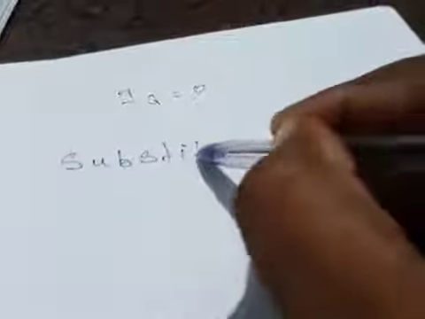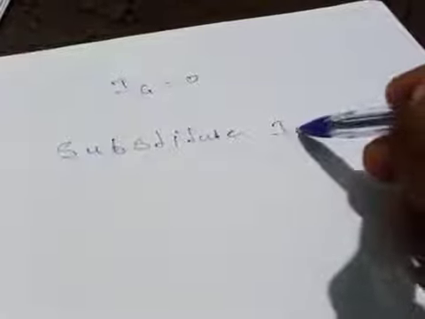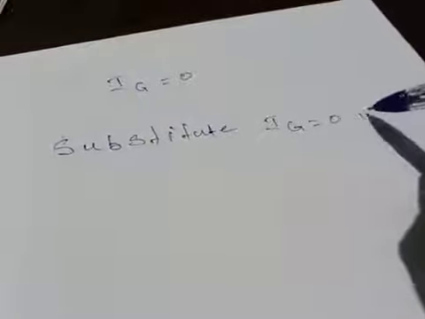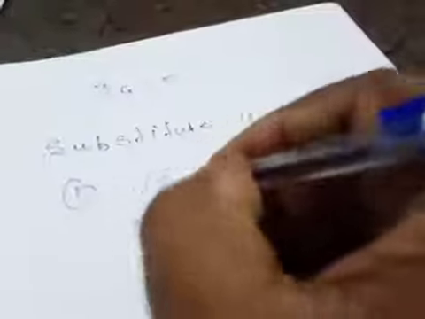So you can take this galvanometer Ig value as 0. Now what you have to do is substitute Ig equal to 0 in equations 1, 2 and 3.